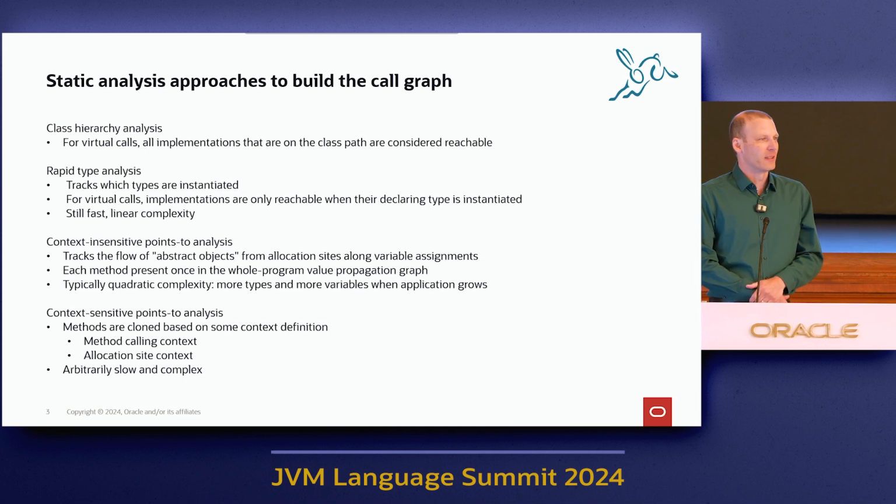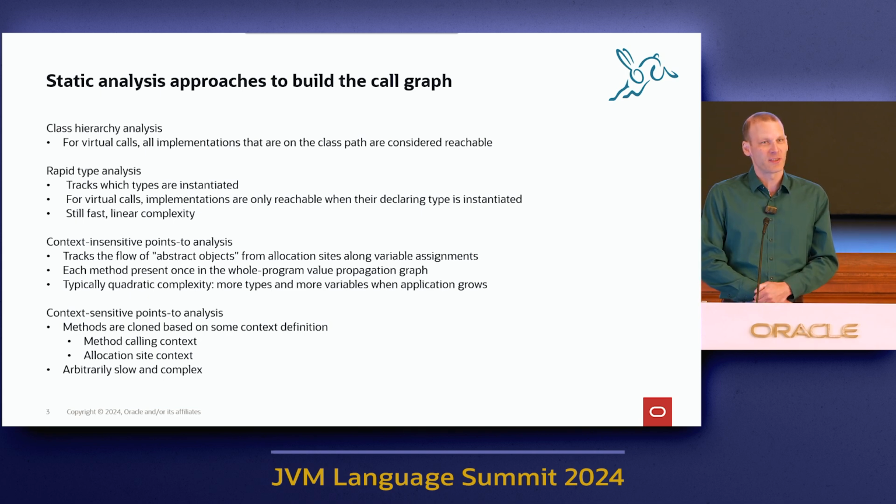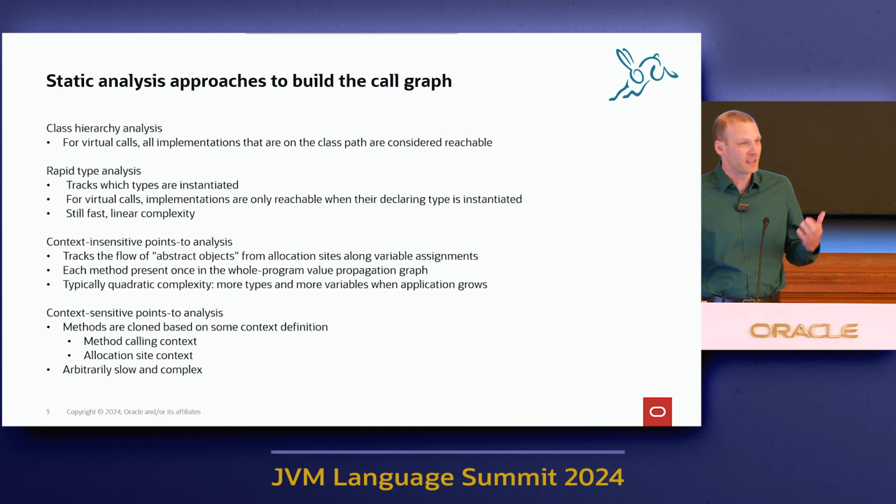And then when you want to get more precise, you're getting into the area of points-to analysis, where you really propagate types around your whole application. Basically, you have allocation sites of objects. In the literature, that's usually called an abstract object. An abstract object is an allocation site of an object, and that allocation site has a precise type.